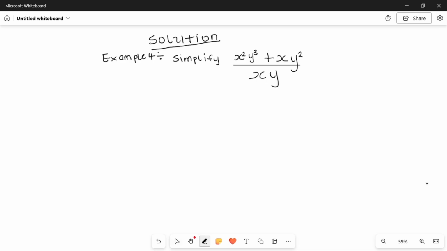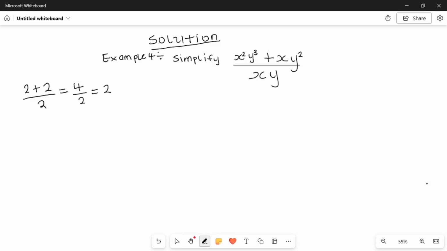This same thing can be likened to, watch closely, 2 plus 2 all over 2, where one 2 is this, the other 2 here is this, and the last 2 here is our denominator. So if we break this down, 2 plus 2 is equal to 4. 4 over 2 is the same thing as 2.